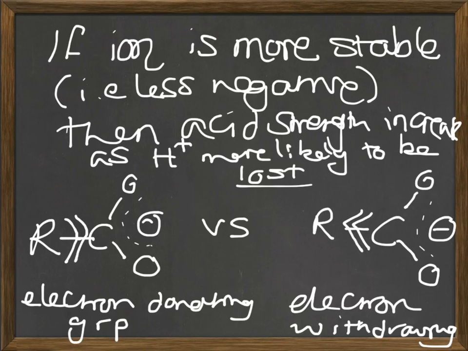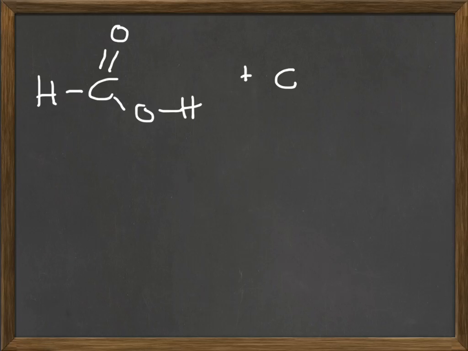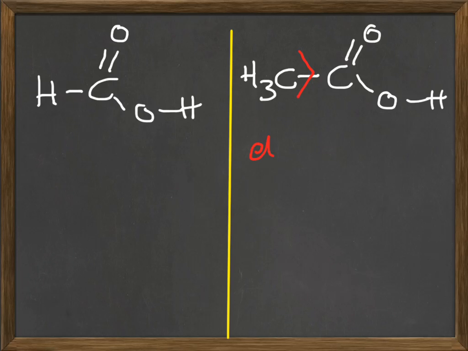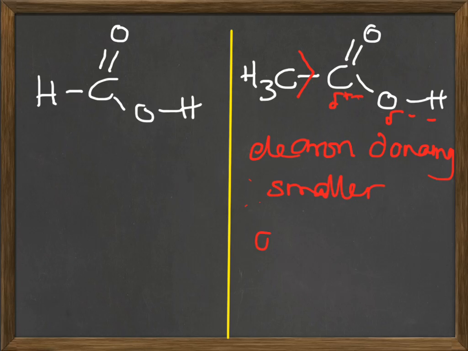Okay, so let's have a look at a comparison of a couple of carboxylic acids and their relative acid strength, how readily they lose that proton on their OH group. The first one we'll look at is methanoic acid, that's on the left. And on the right you've got ethanoic acid. Okay, so we've got an electron donating group on the ethanoic acid, that methyl group's donating electron density into your carbon.